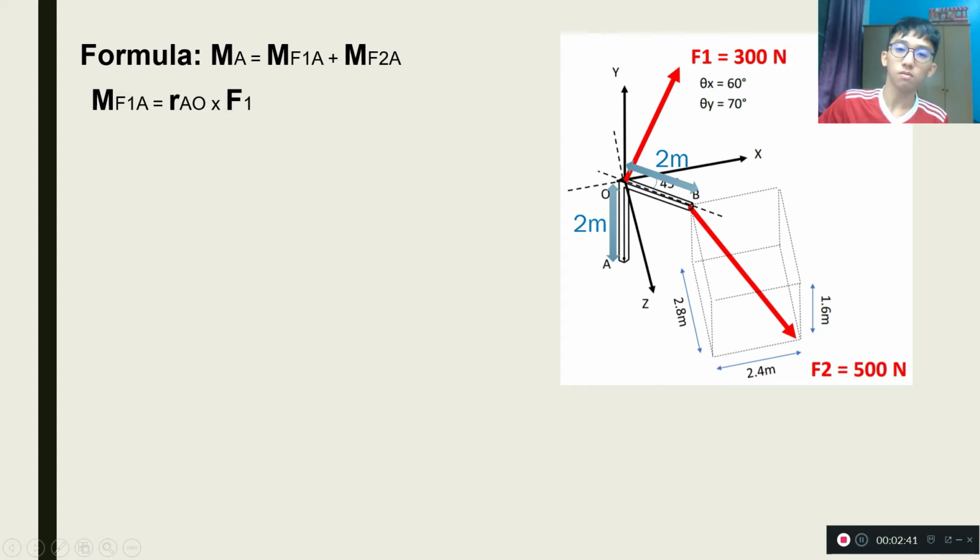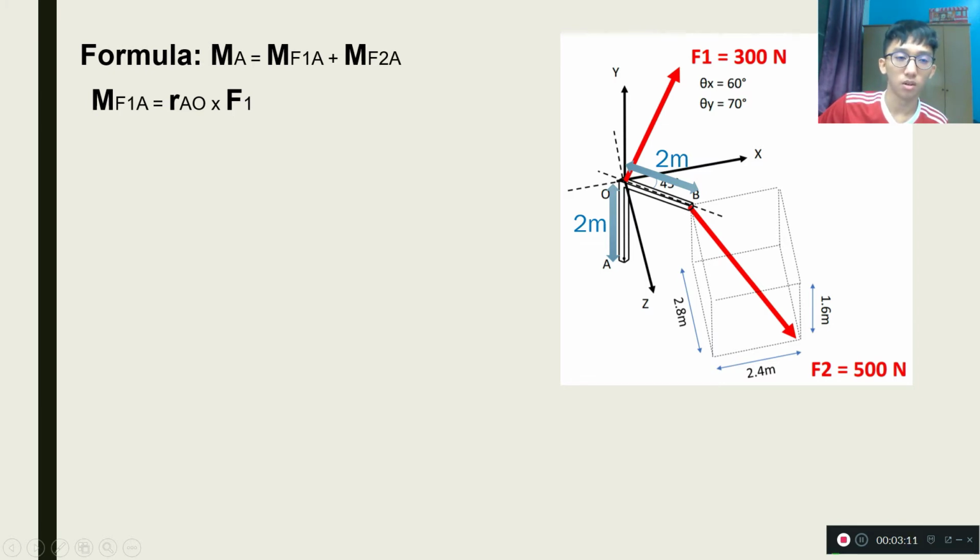So for RAO, if we want to move from point A to point O, our j component is 2, whereas our components i and k are 0, because RAO doesn't involve any x-axis or z-axis, as you can see in the diagram.